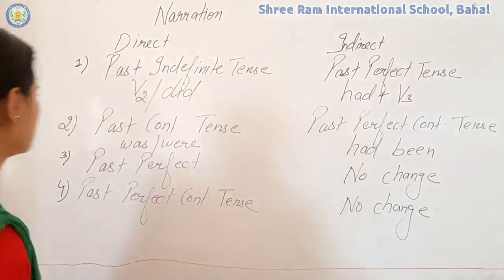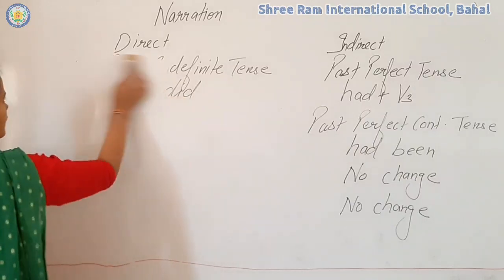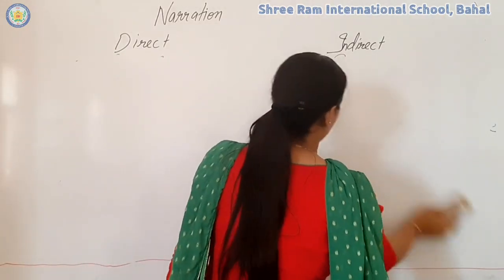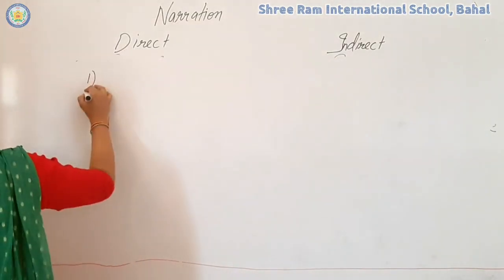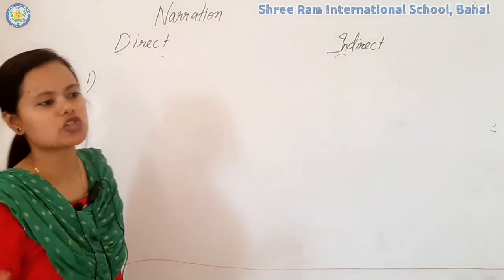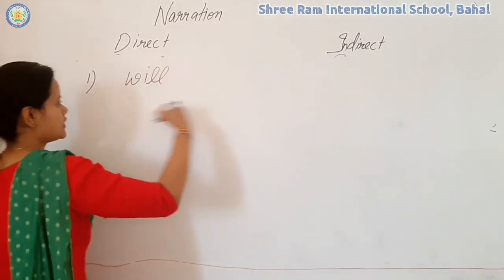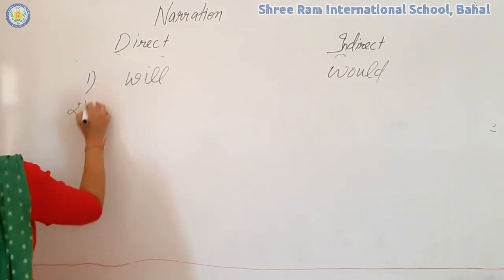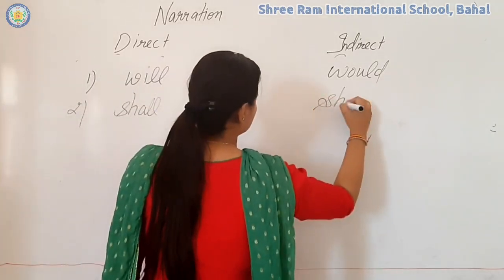There are some more words that you have to change, which we find in future tense. We can say, if you find the helping verb we have used in future tense, will or shall, will changes into would, shall will change into should.